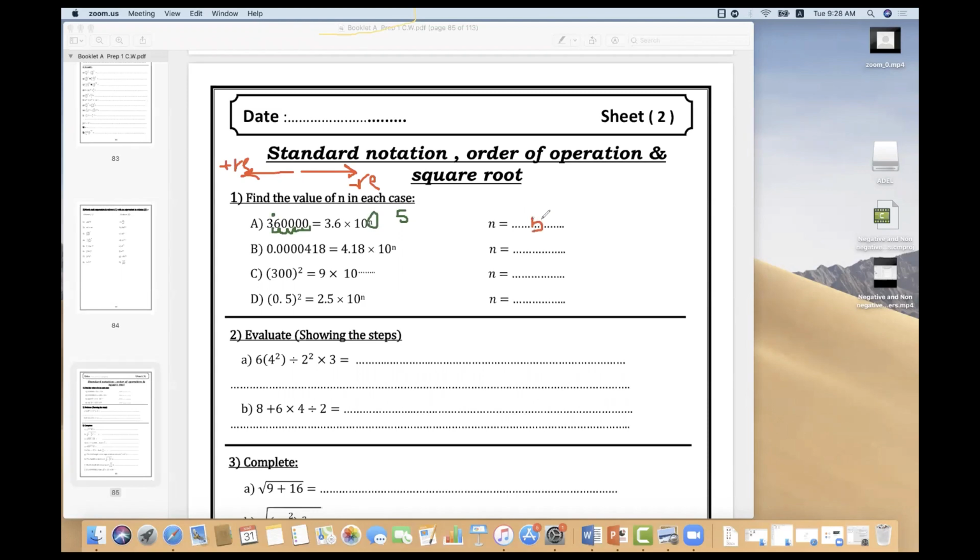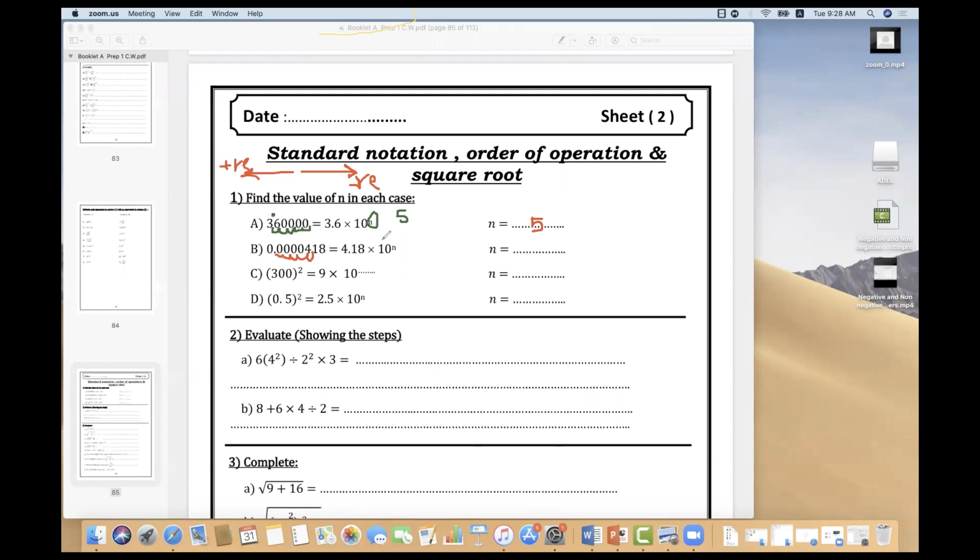Okay, the next one. Amira, can I answer? Yes, you can. Girl by girl, don't worry. You will solve. Okay. We were going to move the point to the right. Excellent. To the right. How many steps? 1, 2, 3, 4, 5. 5 in which direction?